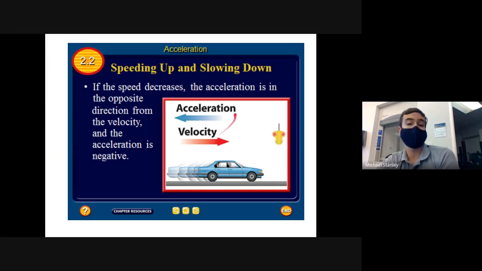And so because your acceleration is in the opposite direction of your velocity, the speed is decreasing. So even though the car is traveling to the right, its speed is going down. And so this means that its acceleration is negative. It's having a negative change in speed.